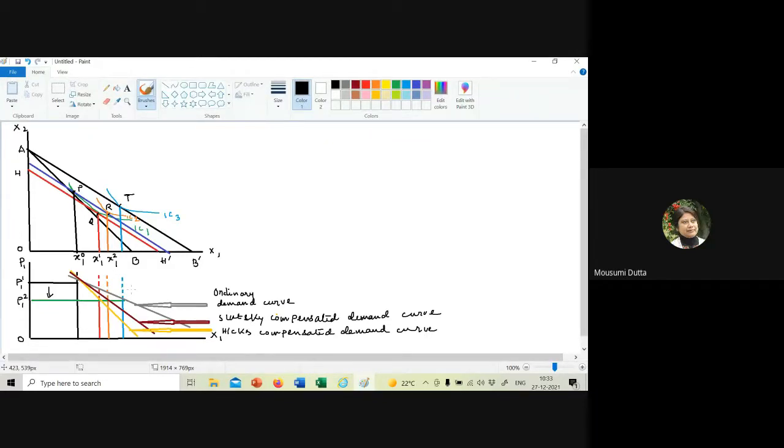Hicks approach is based on the indifference curve approach, and for that matter, it is not understandable to the entire world. Okay, so you cannot explain what is meant by substitution effect, what is meant by income effect.